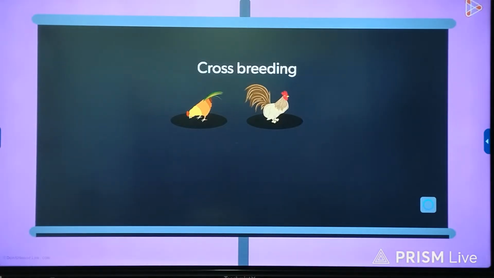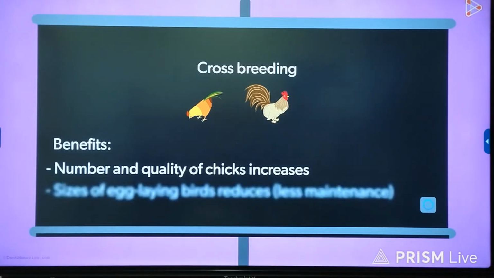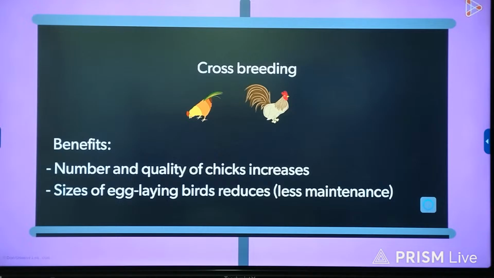What is the result of such crossbreeding? The fowls that are bred in this manner have some special characteristics that prove beneficial to poultry farming. Let us look at some of these benefits. The number and quality of chicks is increased when a crossbreed is used. The sizes of the egg-laying birds are reduced, which will need less maintenance. Most of these fowls are then resistant to high summer temperatures.